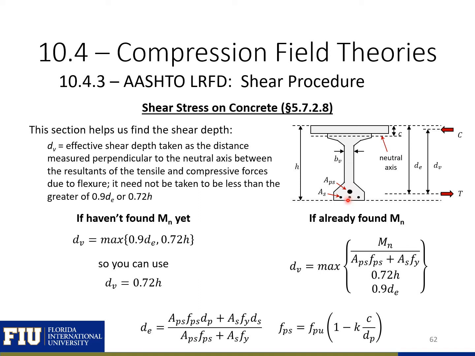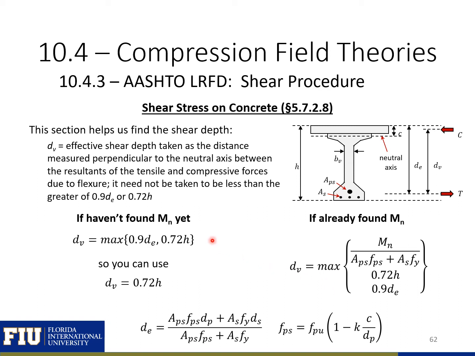So typically you're going to do your shear design after doing your flexure design. So typically you'll already have your nominal moment capacity and you'll have the amount of tension steel that you have, so tension pre-stressing and non-pre-stress reinforcement. So then you can find dv using the equation here to the right.